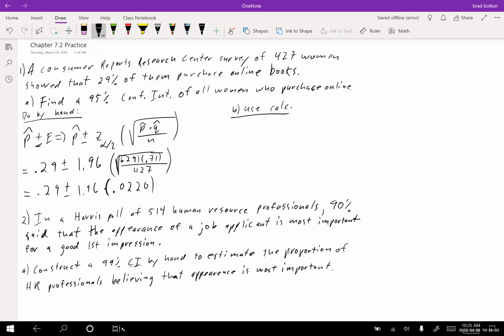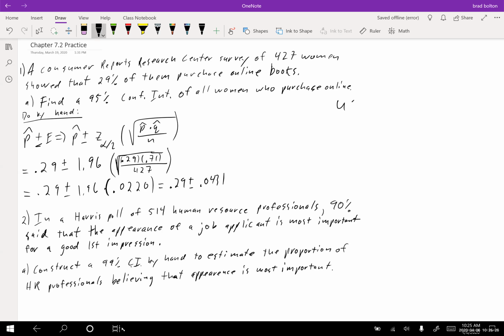And let's multiply that times 1.96. So 0.0220 times 1.96, we get 0.0431-ish. So I'm going to say we have 0.29 plus or minus 0.0431.